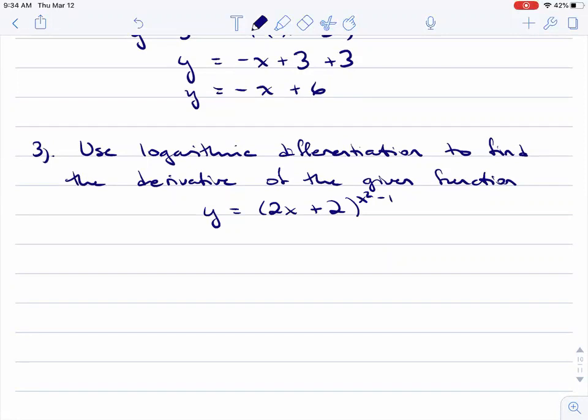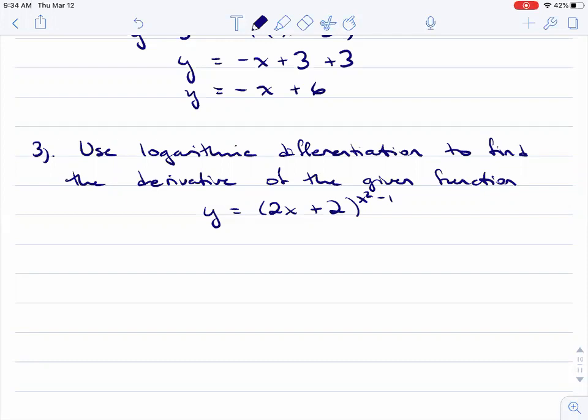Remember from that handout on the new section, right, when to use logarithmic differentiation is if you've got x's in the base but also in the power, which we have here. So even if it didn't say use logarithmic differentiation, to bring that x from the power down, I would probably end up using it anyways.